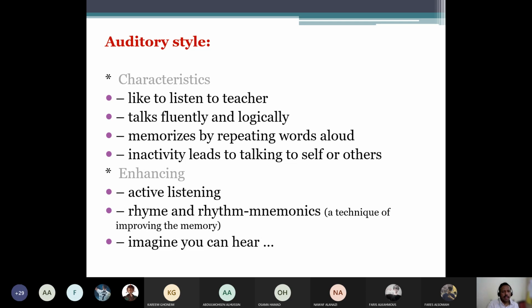It's going on. They memorize by repeating the words aloud. Whenever they are alone, they will say something so that they hear the same sound and remember. Inactivity will lead to self-talking. Whenever they are not doing anything, they may be repeating the words by themselves alone.